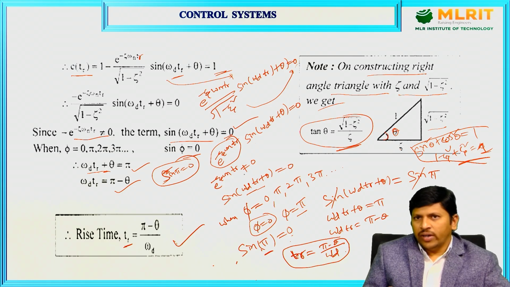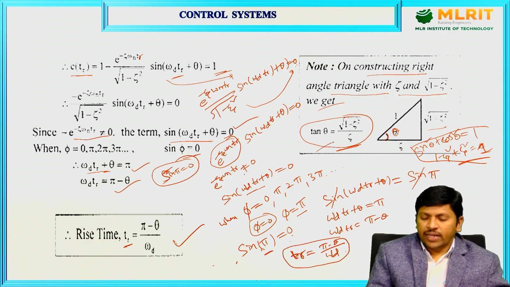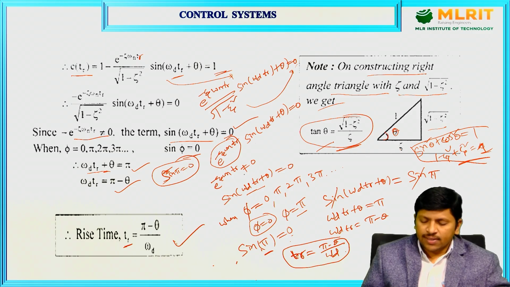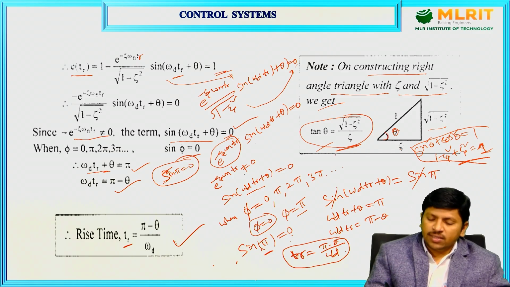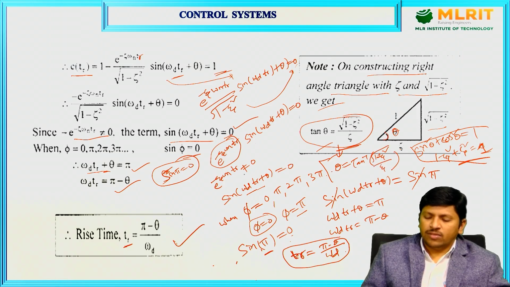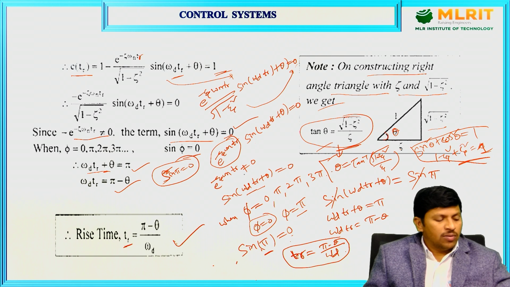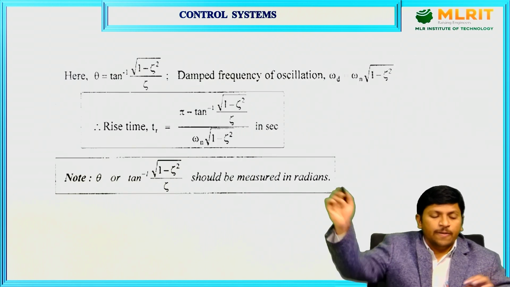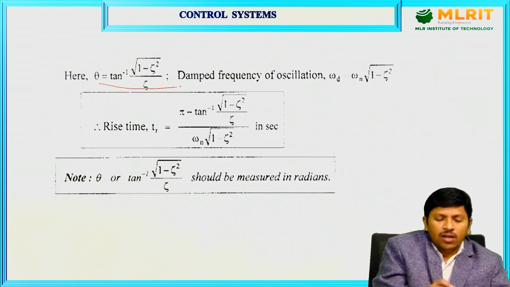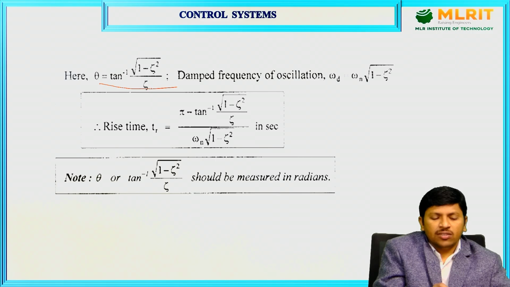Here theta equals tan inverse of under root 1 minus zeta square divided by zeta, simply. So that is the theta value.